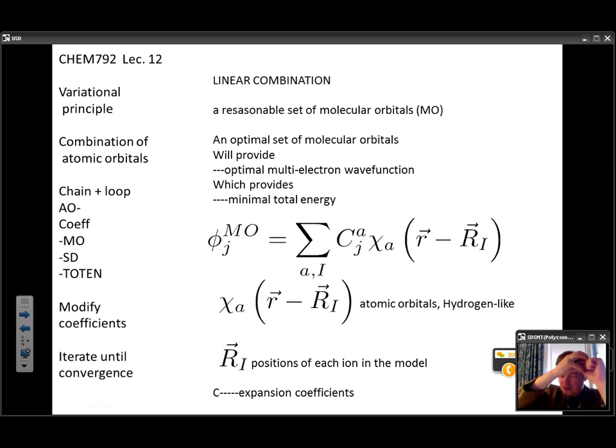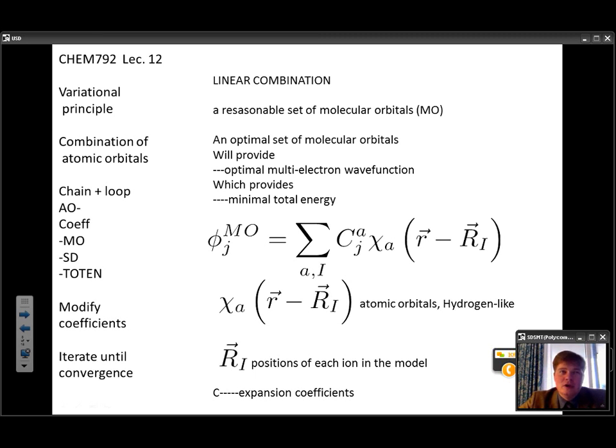So there are ions, there are atomic orbitals around each ion, and then they are taken with different weight coefficients. So this C, A, J are weight coefficients, and if we add together several atomic orbitals in different proportions, then we get this magic object called a molecular orbital that is later used to build the multi-electron wave function.